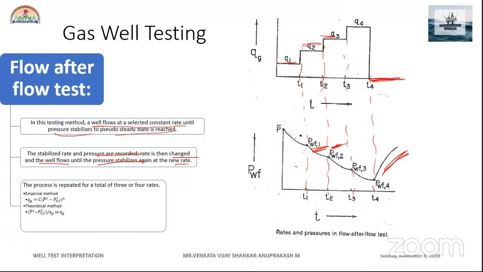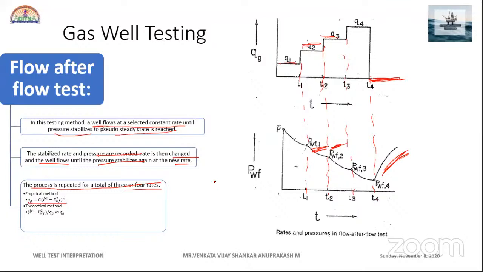So this is done for n number of times. Even though I have shown only a few, it can be done for n number of cases. The equation used in the after flow test is for your QG, where n is your exponent.